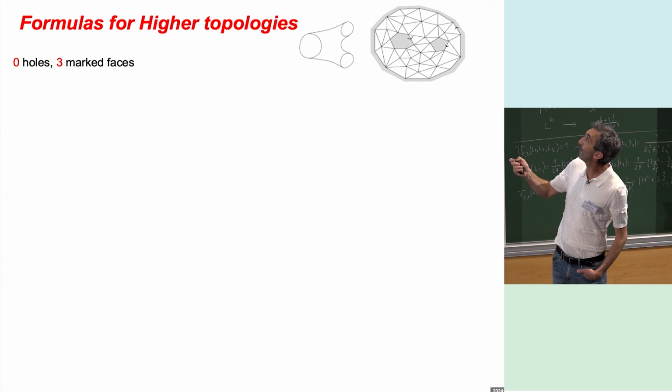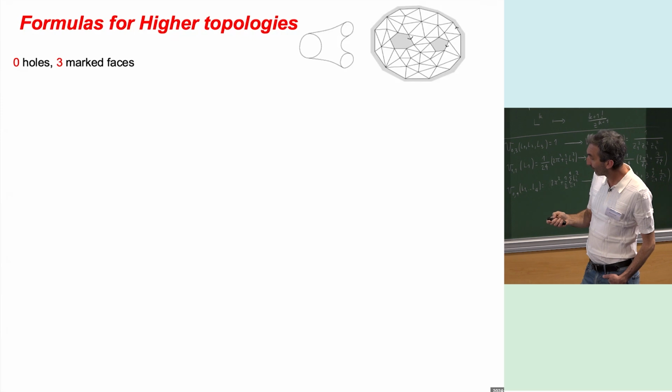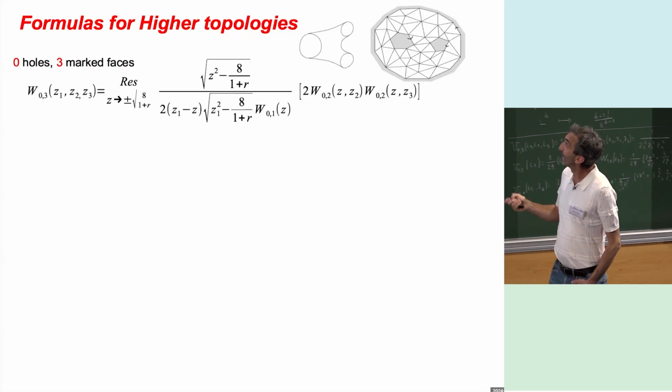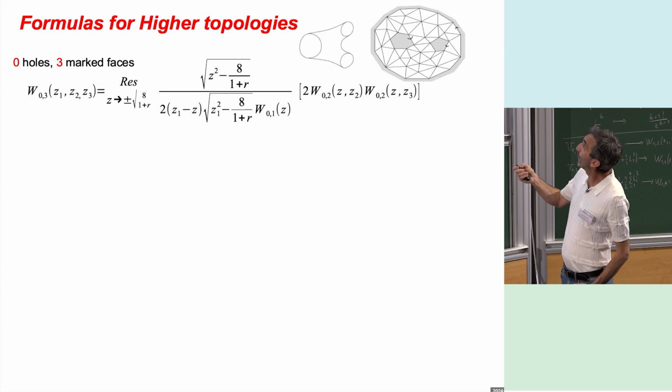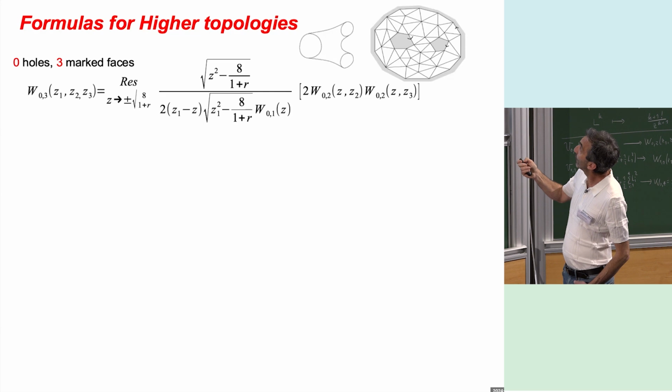You have in fact 3 faces. One is the blue at the exterior here. And so what is the result? The result is the following. You see this formula. It's a residue. But you see, we have already computed W01 and we have already computed W02. And here we have our 3 variables Z1, Z2, Z3. So the formula works as follows.